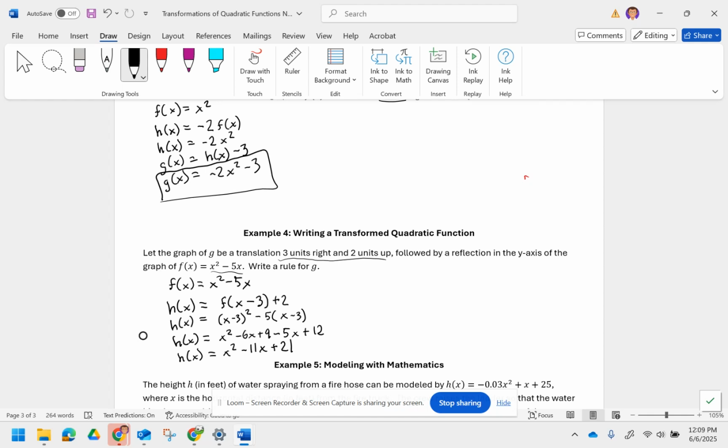All right, so we now have an equation for something that's going to go 3 units to the right and 2 units up. Now we're ready to finish it off with g. This was followed by a reflection across the y-axis. So for g of x, we need to take h of x and reflect it across the y-axis.